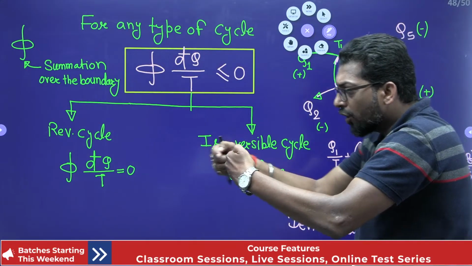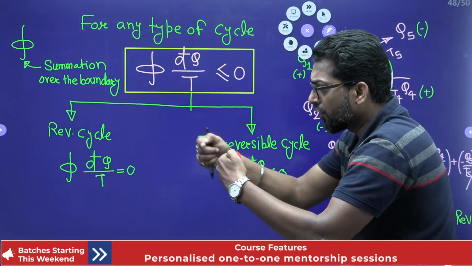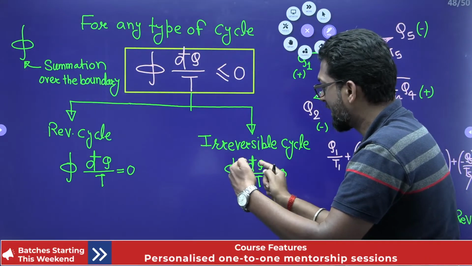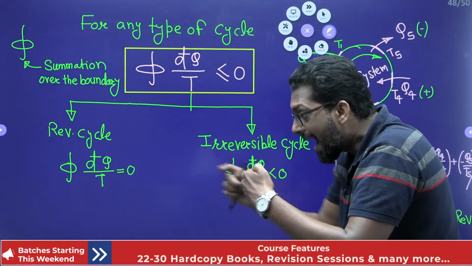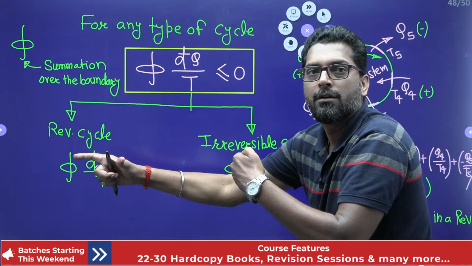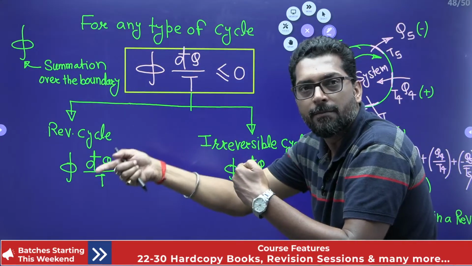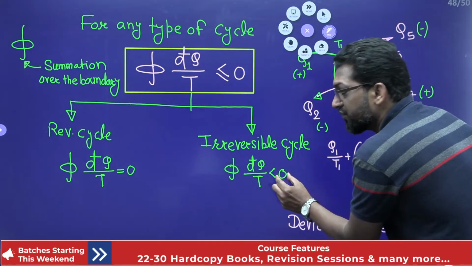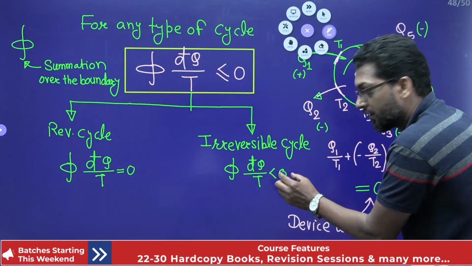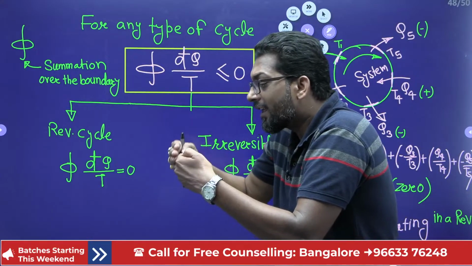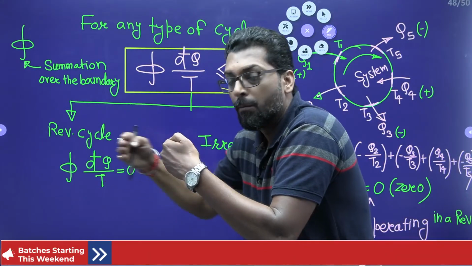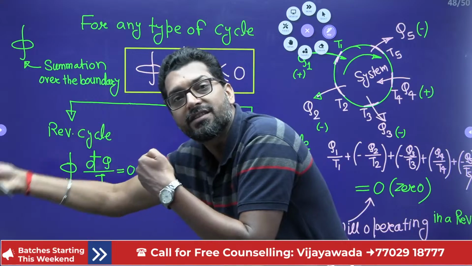And below the 0 there is negative. So the higher the negative value, the larger the extent of deviation from the reversible manner.